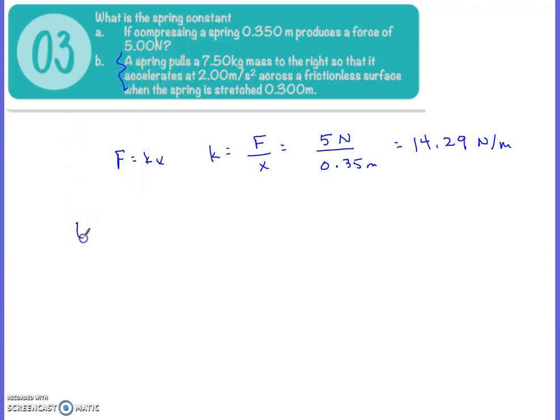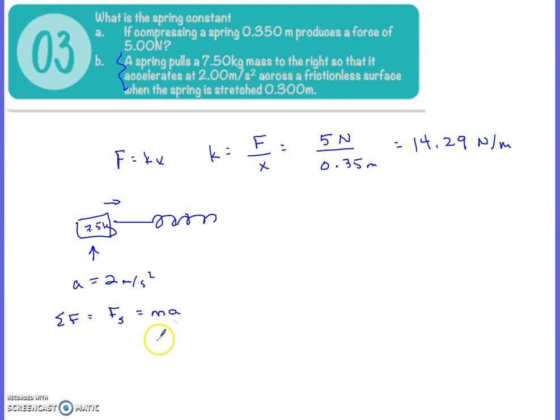So we have a mass that is 7.5 kilograms, and it's being pulled to the right by a spring so that it accelerates. This block has an acceleration of 2 meters per second squared, on a frictionless surface, and it's 7.5 kilograms. So if I look at the sum of the forces on that, it's just that spring force, because that spring is pulling it to the right, and there's no friction force to the left.